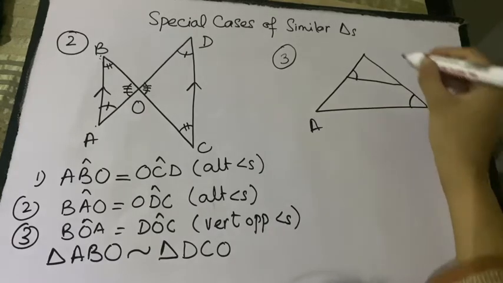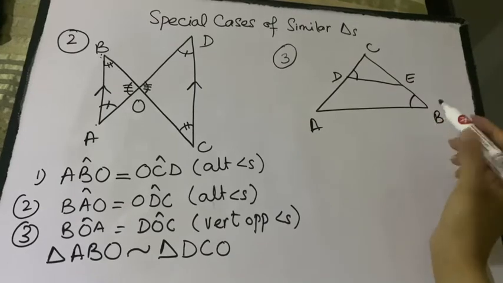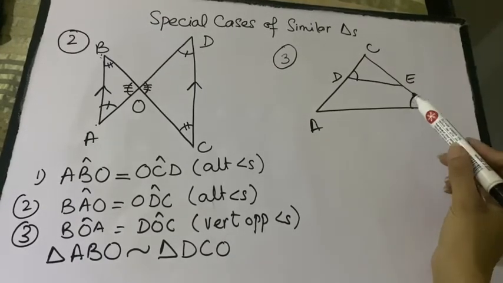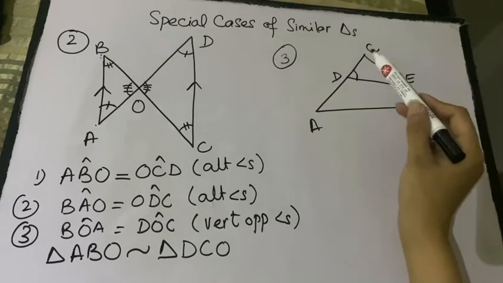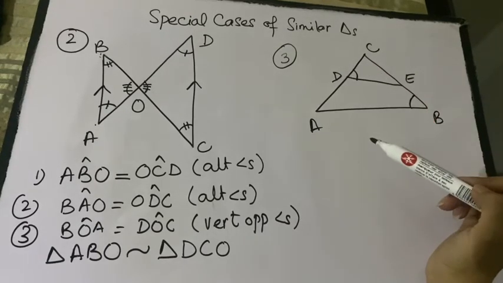A, B, C, D, and E. If this type of angle is given, this means that angle ABC is equal to angle CDE. It's given in the question.